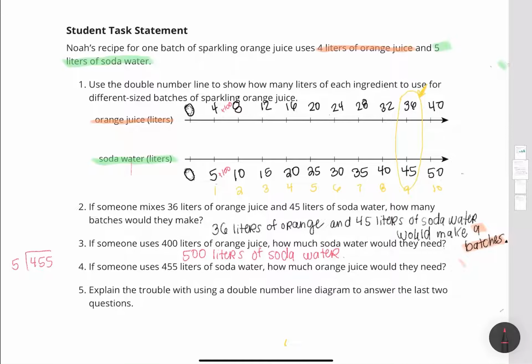So can 5 go into 4? Nope. So I'm going to skip to the next number, which is 45. 5 could go into 45 9 times. Bring that 5 down. And then 5 could go into 5 one time.